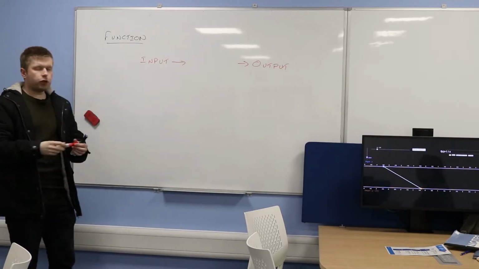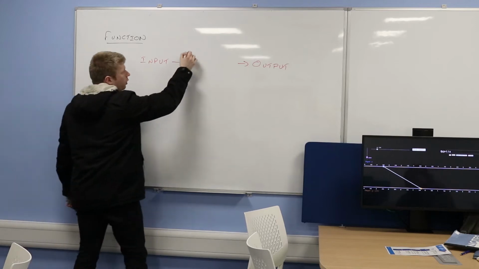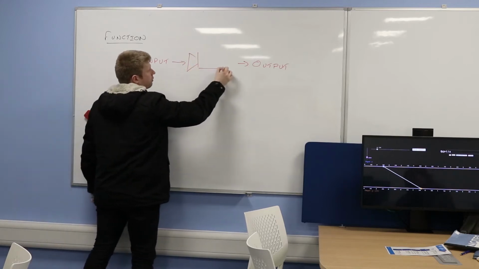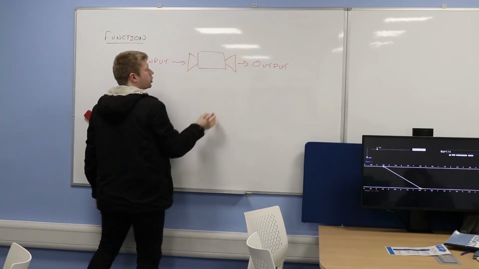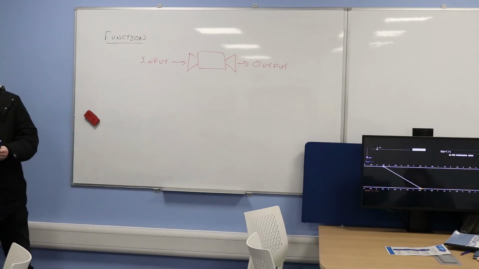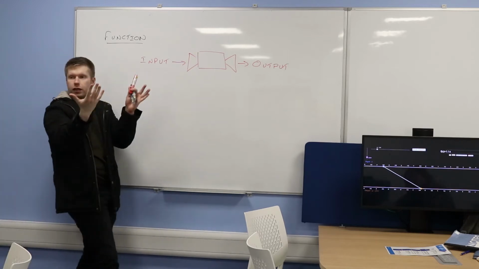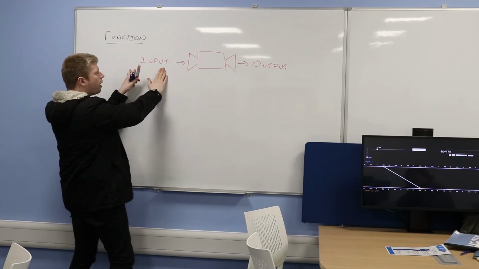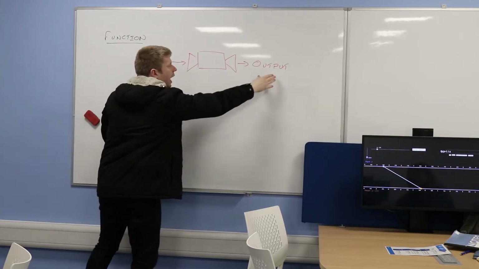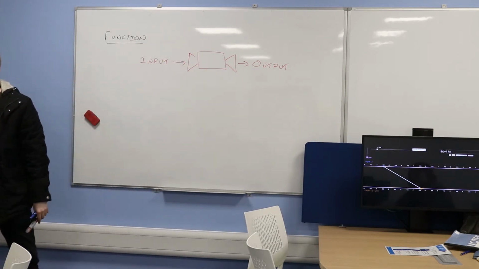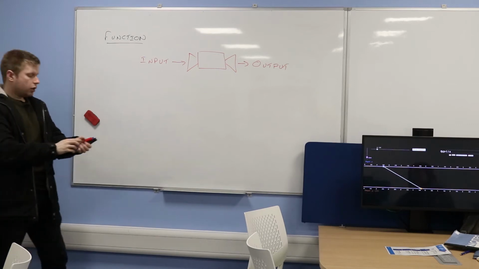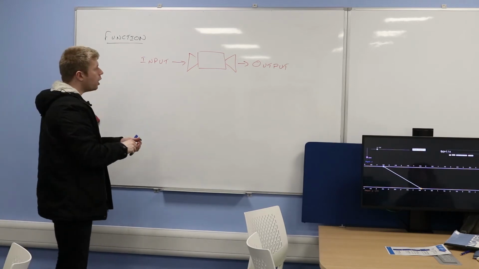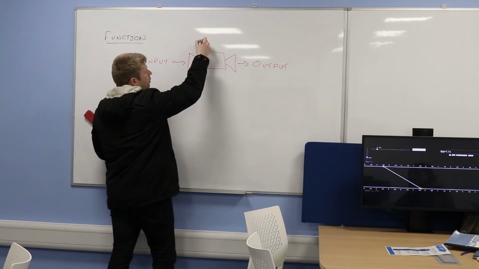You've probably seen this before, in primary school or something, as a function machine. A function machine takes a value, a number, does something to that number, and then spits out a number. Does that make sense?